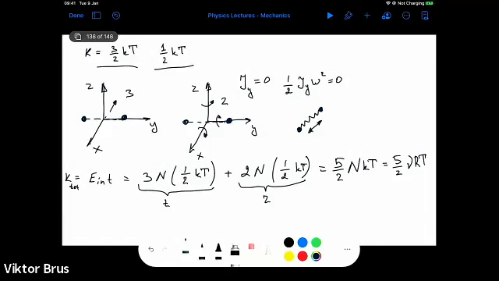And by definition, as we did in the previous discussion, now we can determine the specific heat capacity at constant volume.